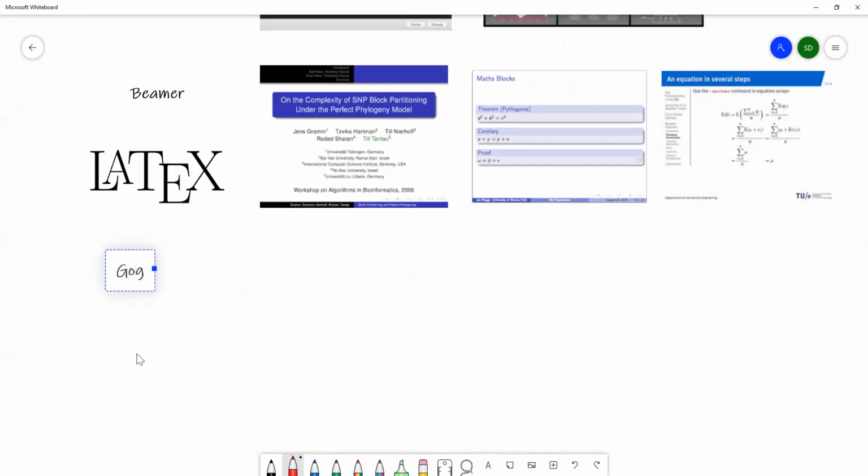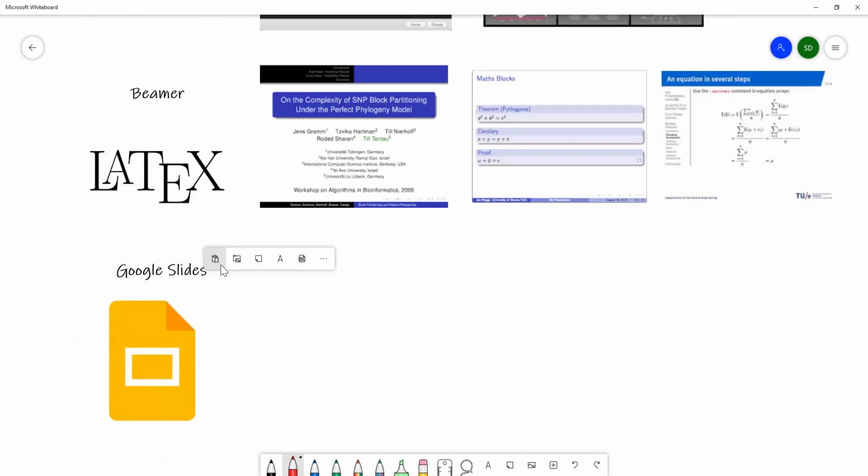Then we can have Google Slides. We can also have Google Slides, cloud-based software, which means you don't have to install it.